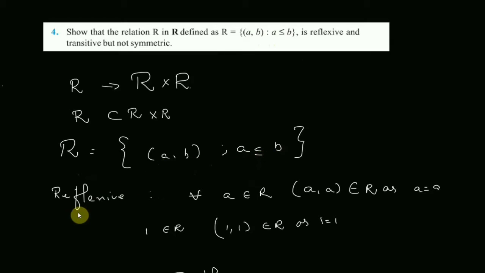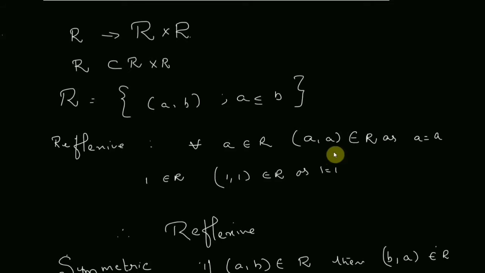Now is it reflexive? Let us take an element a belongs to R. (a, a) belongs to R because the condition is a is less than or equal to b, and a is equal to a.